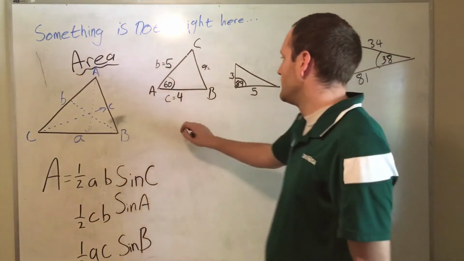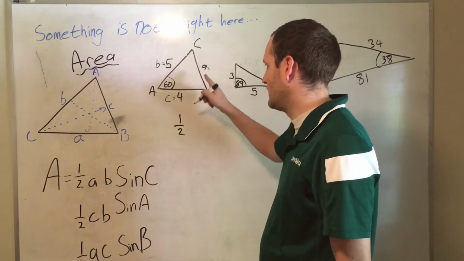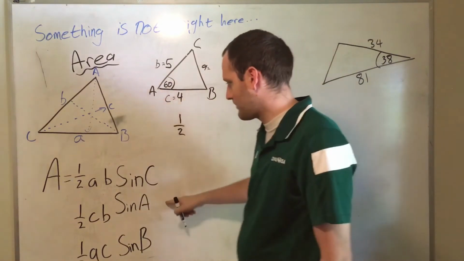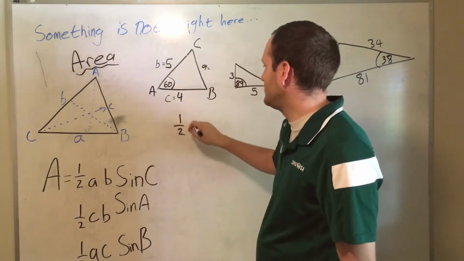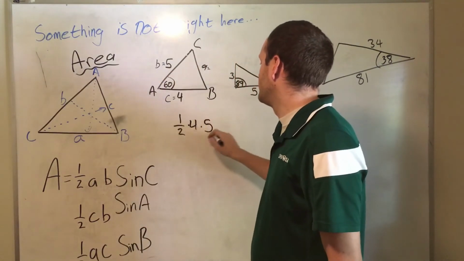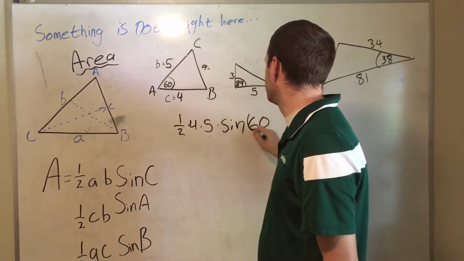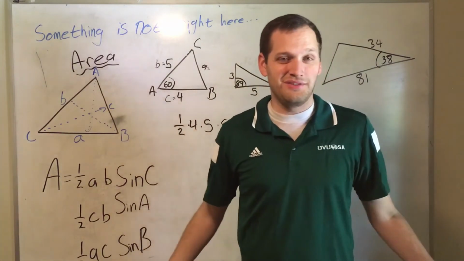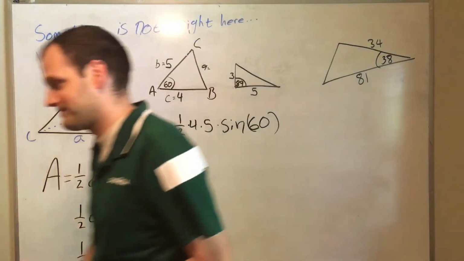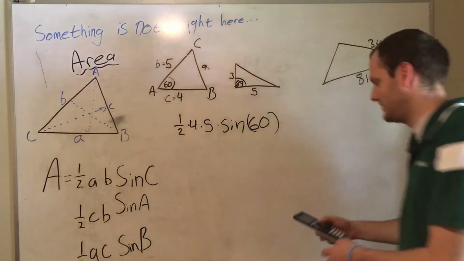So let's do this. We have 1/2 times, not A, so we're not using side A, we're using capital A. So side C is 4, side B is 5, times sine 60. All you have to do is plug it into a calculator, and you're done. Here's my calculator.